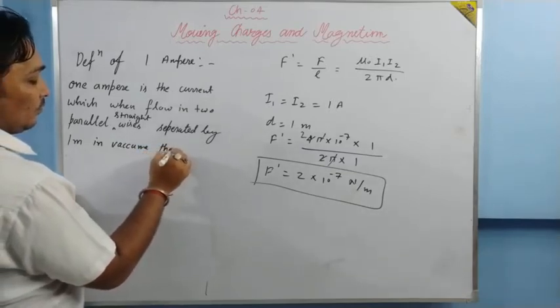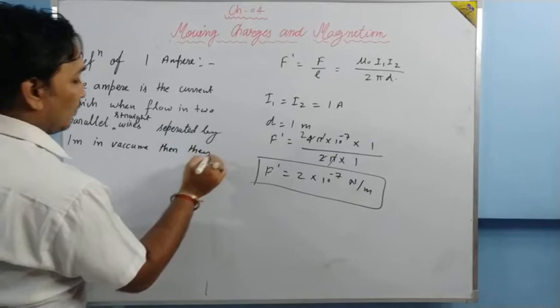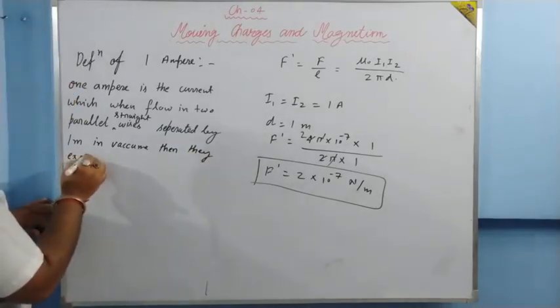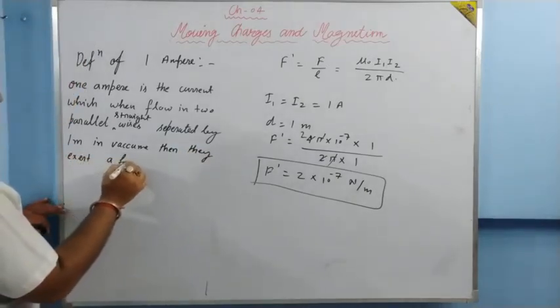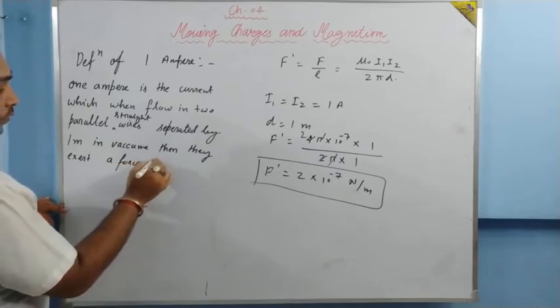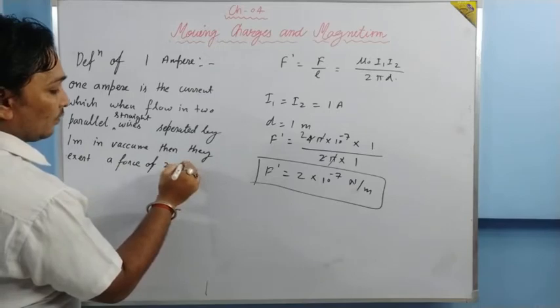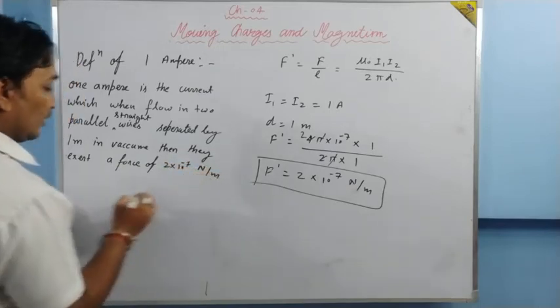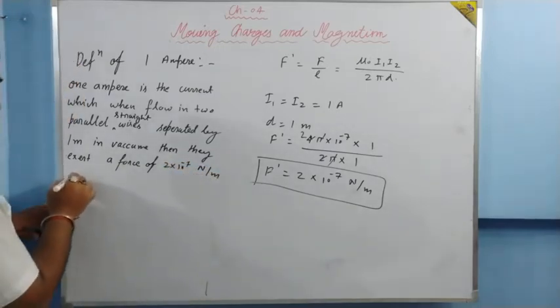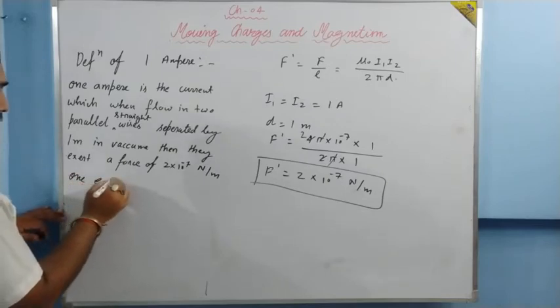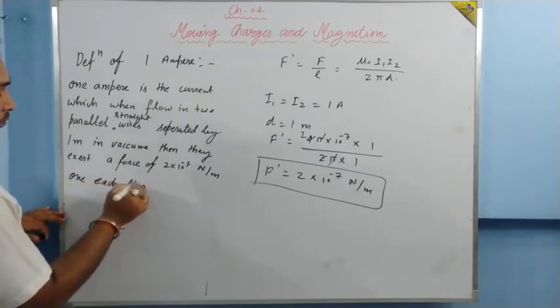Then they exert a force of 2 into 10 to the power minus 7 Newton per meter on each other.